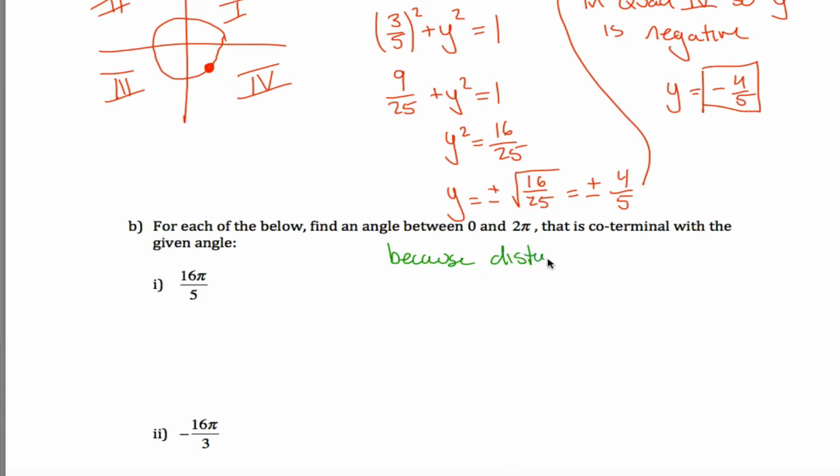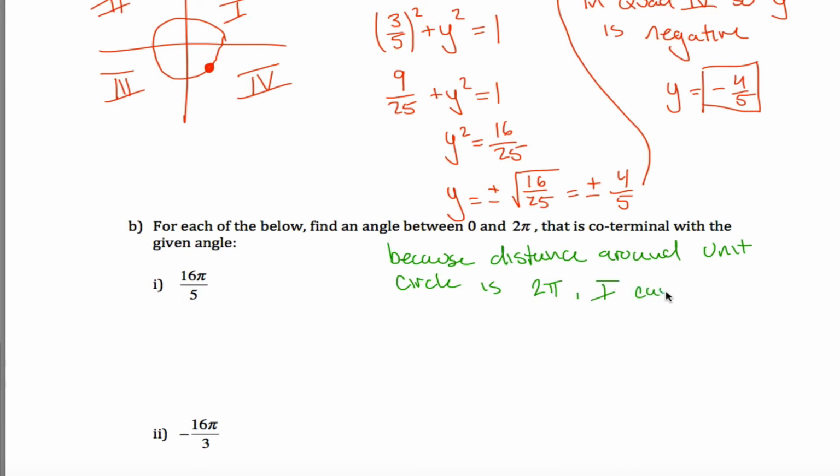the distance around the unit circle is 2 pi. And that's because the radius of the circle is 1, and the circumference of any circle is 2 times pi times the radius. So 2 times pi times 1 is 2 pi, if the radius is just 1. So the distance around the unit circle is 2 pi, the circumference of the unit circle.